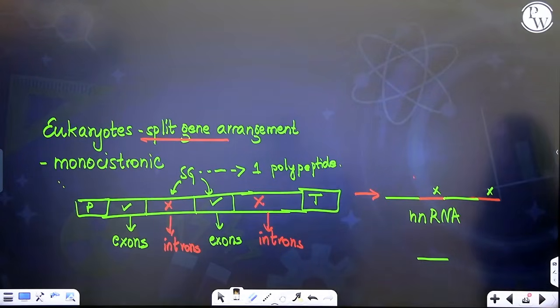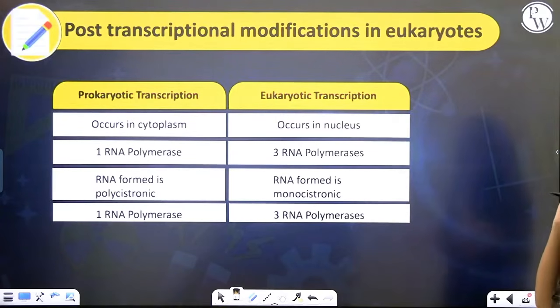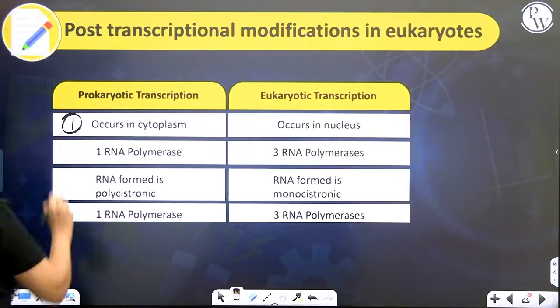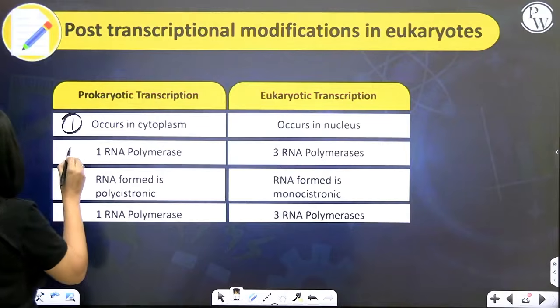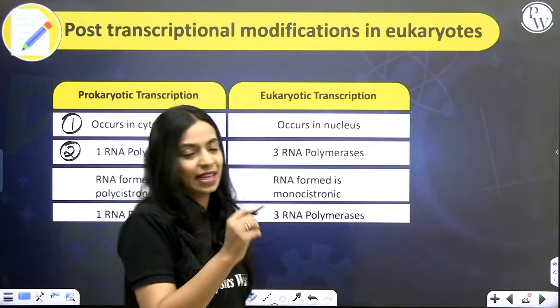Now let's talk about the difference between prokaryotic transcription and eukaryotic transcription. Number one, in prokaryotes it happens in the cytoplasm. In eukaryotes it occurs in the nucleus. Second point, there's just one type of RNA polymerase that's capable of transcribing all the different types of RNAs in prokaryotes.